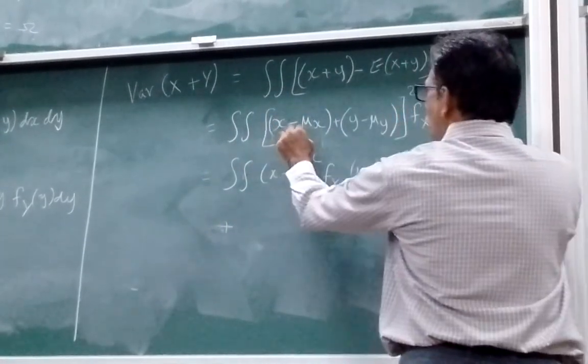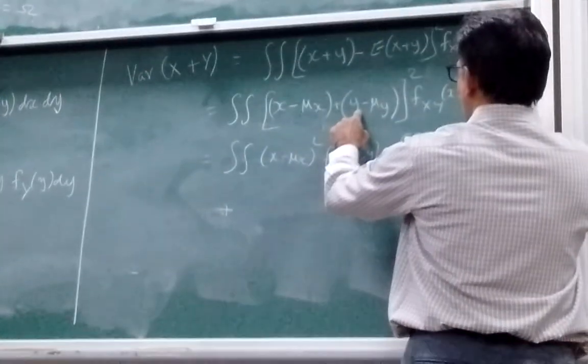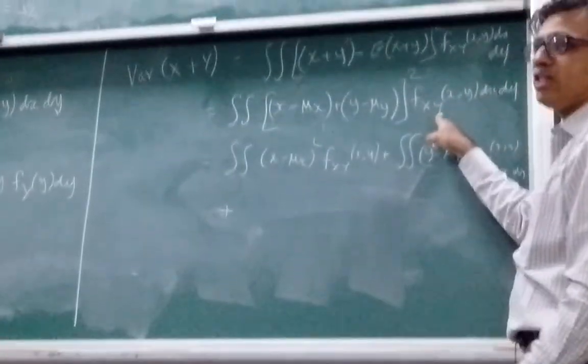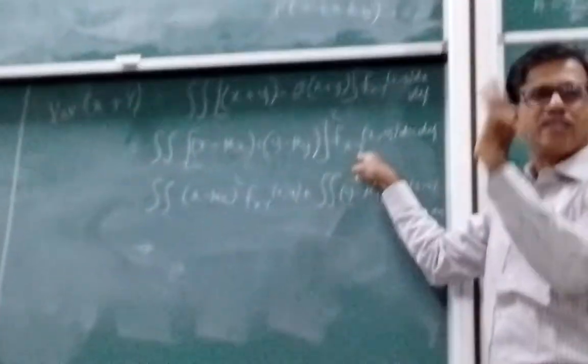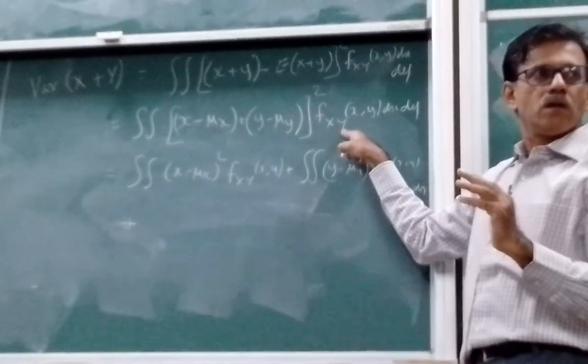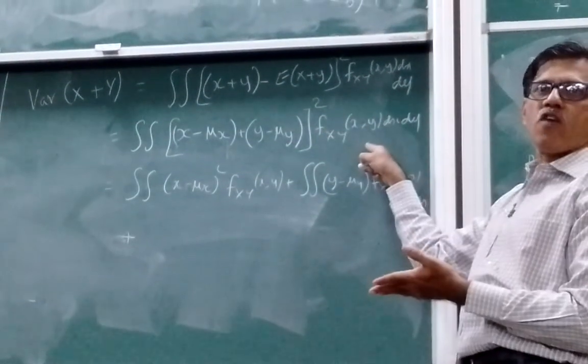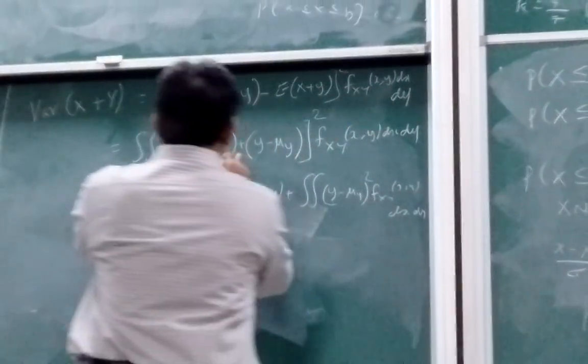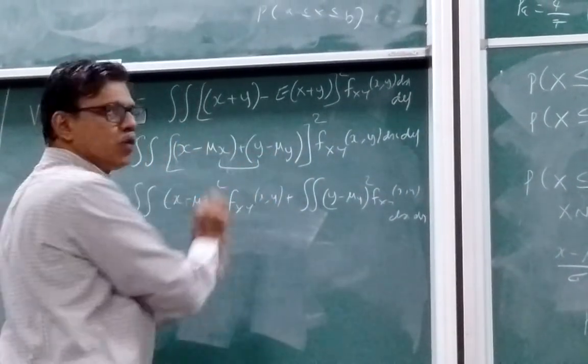In this one it's purely a function of y. So if you integrate over x, you will get the marginal density function of y, because x is integrated out, and that is y into fy of y, which is mu y. So this factor together will give you mu x mu y.